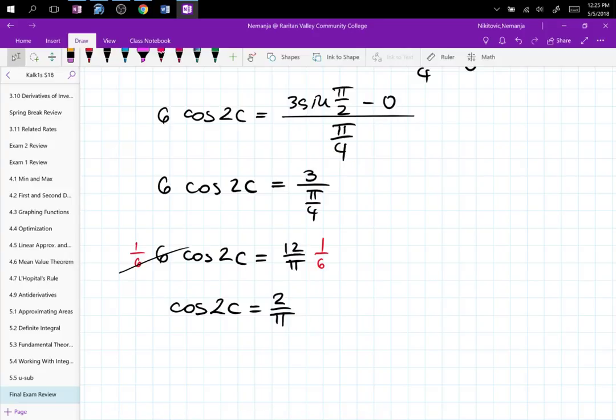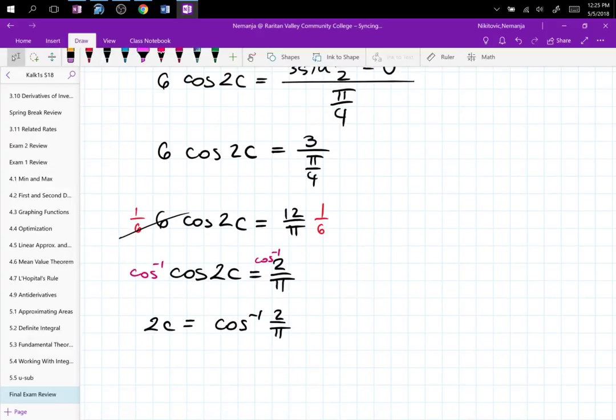Hit both sides with the inverse cosine to get c alone. And we get 2c is equal to the inverse cosine of 2 over pi. And just multiply by 1/2 to get c alone. So 1/2 cosine inverse of 2 over pi.